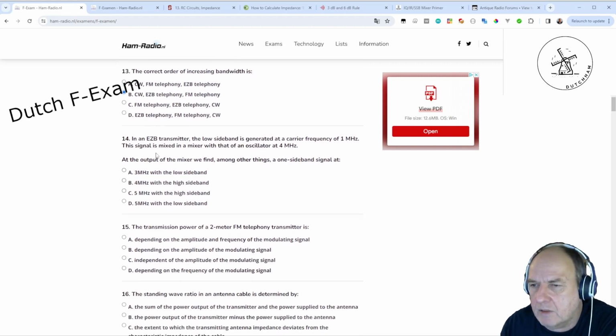In a single sideband transmitter, the low sideband is generated at the carrier frequency of 1 MHz. This signal is mixed in a mixer with that of an oscillator of 4 MHz. And the output of the mixer will find, among other things, a sideband signal at, they will add up.